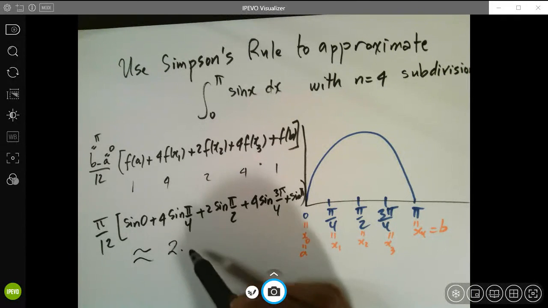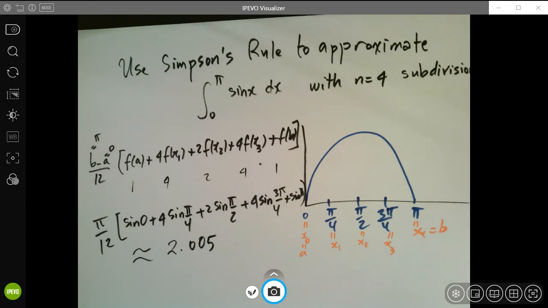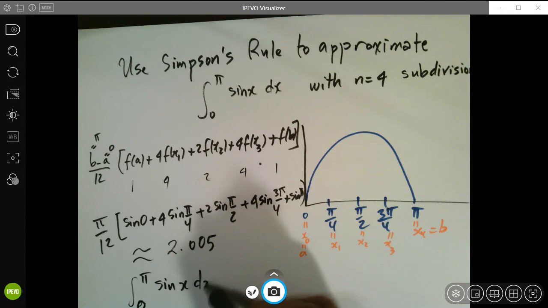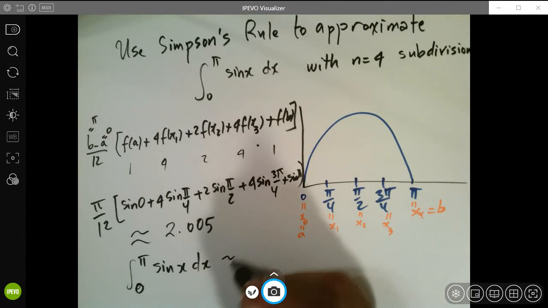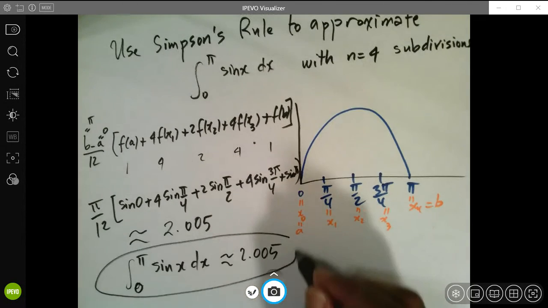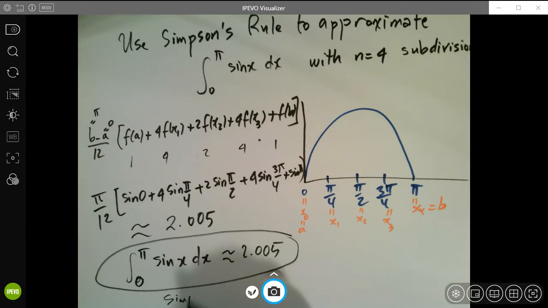It will give you 2.005. And you can see, so the integral from 0 to pi of sine x dx is about 2.005. And that's using Simpson.